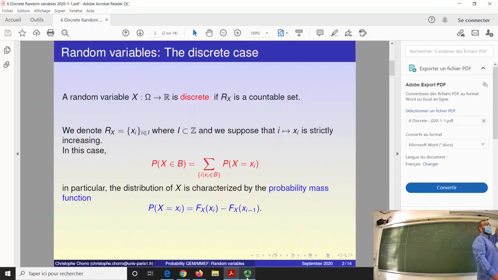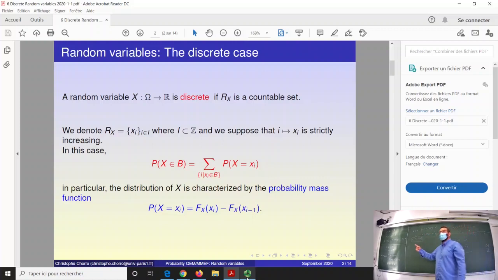If capital X takes values in the real numbers without any kind of restriction, in general, this union is not a countable one, okay? Because you may have a finite number of elements in B, okay? But here, I have a union that is countable, and I have also a countable union of sets that are in fact pairwise disjoint, because it's not possible to take two different values for a mapping, okay? So you have here, in fact, a countable family of pairwise disjoint sets, okay?